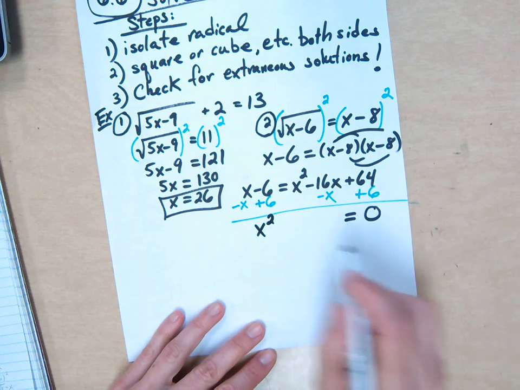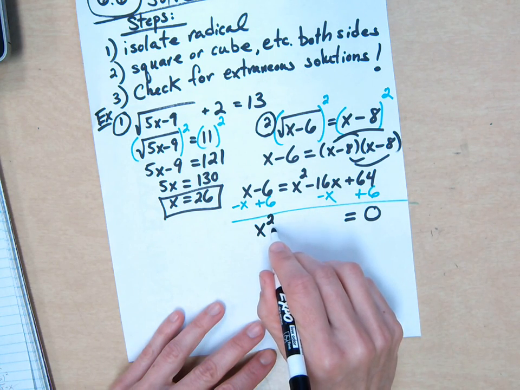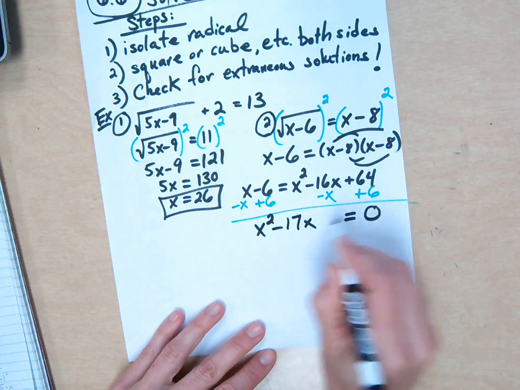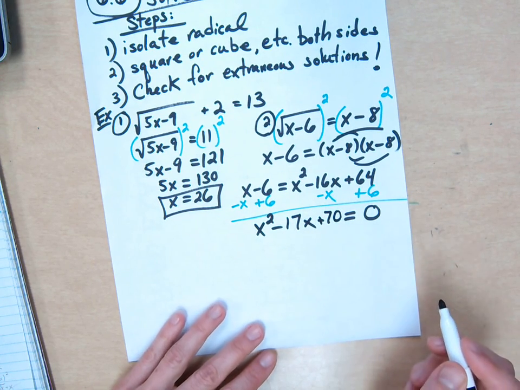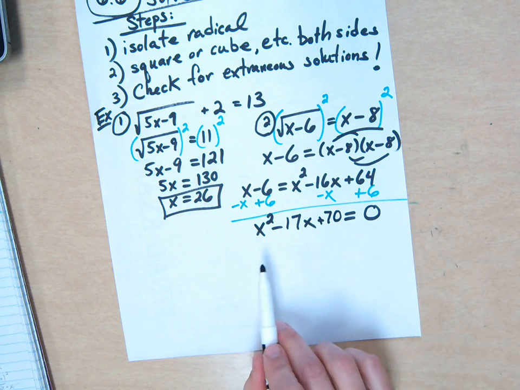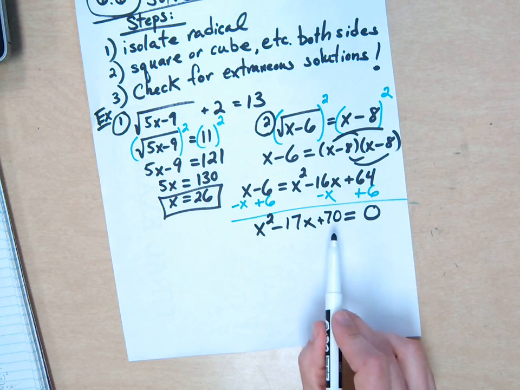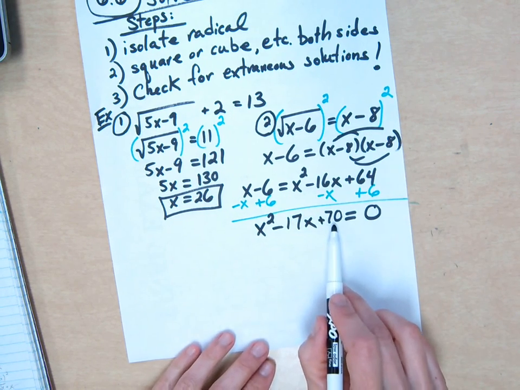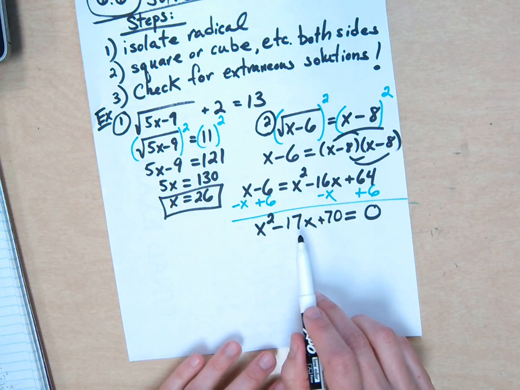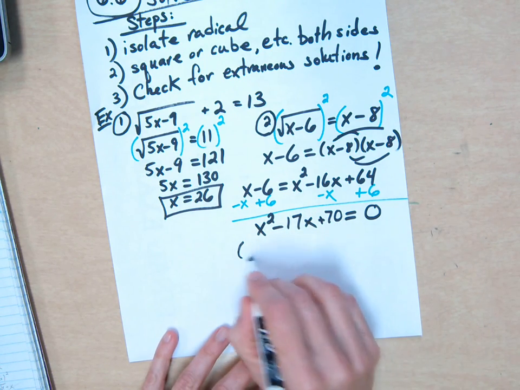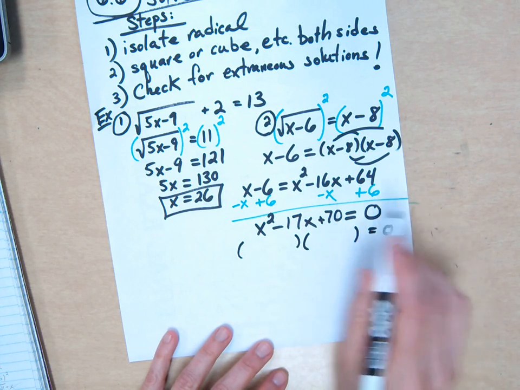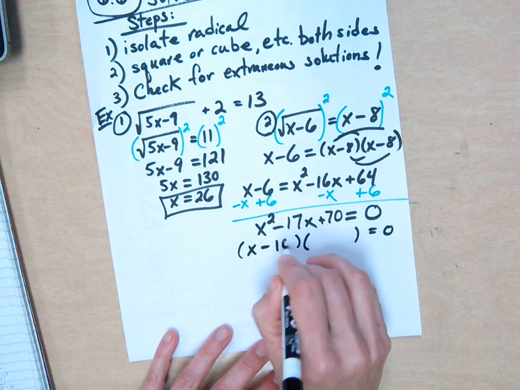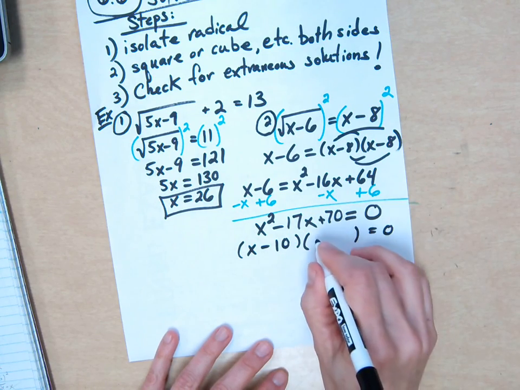So this is 0, and we just combine like terms and we get x squared. What do we get when we add that? I heard minus 17x plus 70. That's right. Okay, so we can do a shortcut diamond problem. What multiplies to 70 and adds to negative 17? Yep, I heard negative 10 and negative 7.